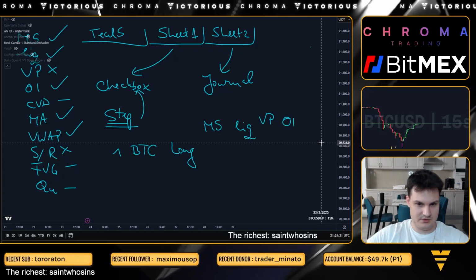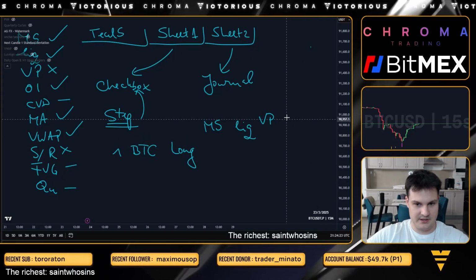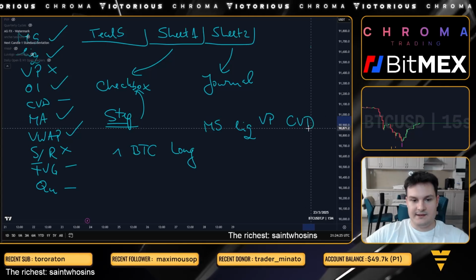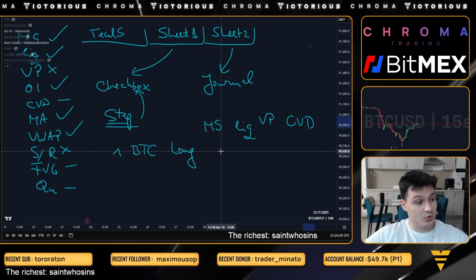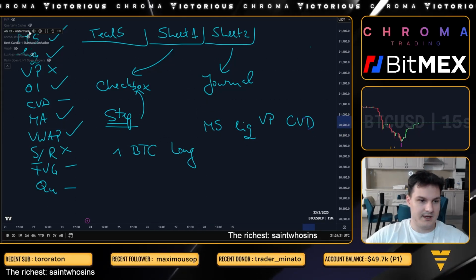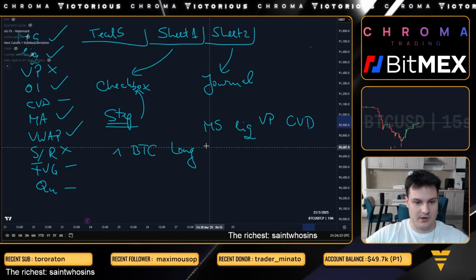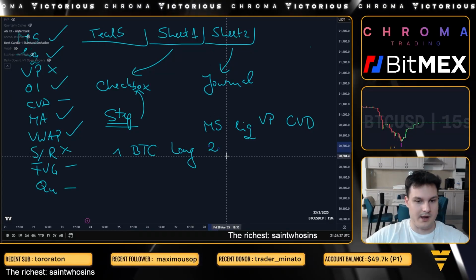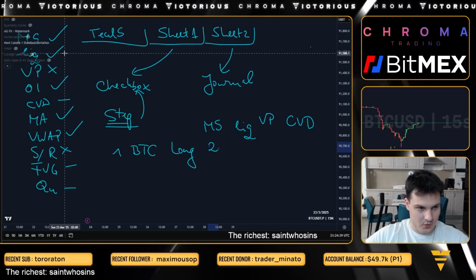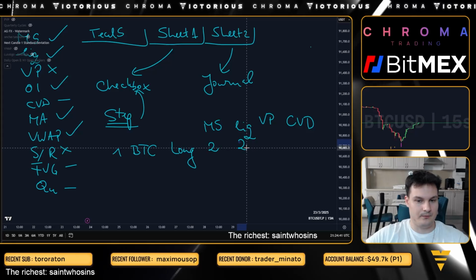Let's actually use CVD. And then let's say the result of the trade is you win 2R. So if you had this component, under that column you will put a 2 because you won 2R. Again, we had liquidity, so I'm gonna put a 2.